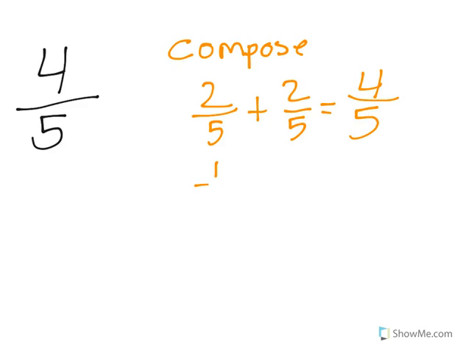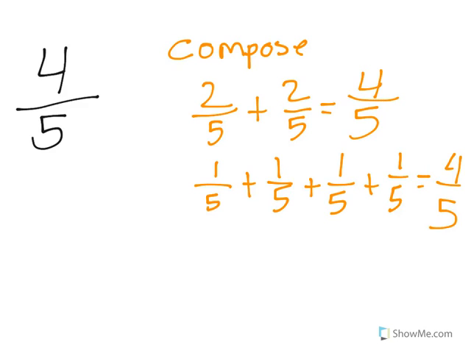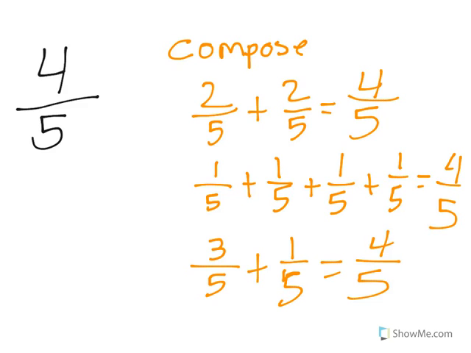You could also say 1/5 plus 1/5 plus 1/5 plus 1/5 equals 4/5. Is there any other way to compose this fraction? You could do 3/5 plus 1/5 equals 4/5. These are all ways to compose a fraction.